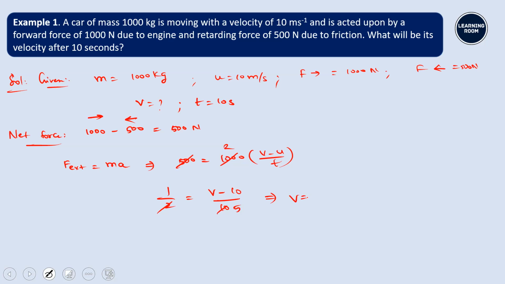So which implies v will be equal to 15 meter per second. Means after 10 seconds, the object which started with 10 meter per second has attained a velocity of 15 meter per second. Is this point clear?